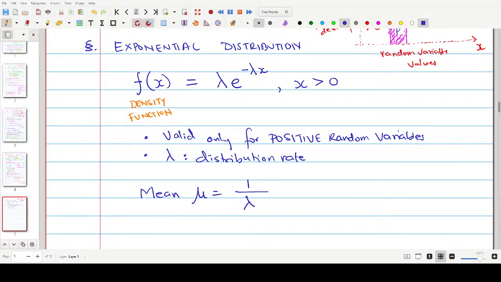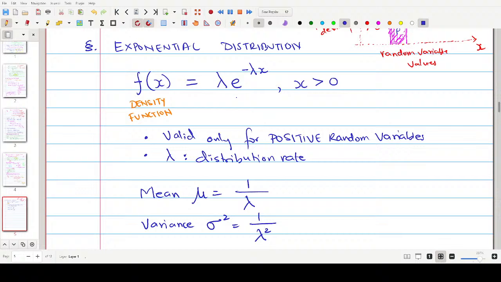But here, in the case of exponential distribution, the distribution rate is lambda, but the mean is 1 upon lambda. And the variance sigma square is equal to 1 upon lambda square. So this is the variance, this is the mean, and lambda e power minus lambda x is called the probability density function of the exponential distribution.